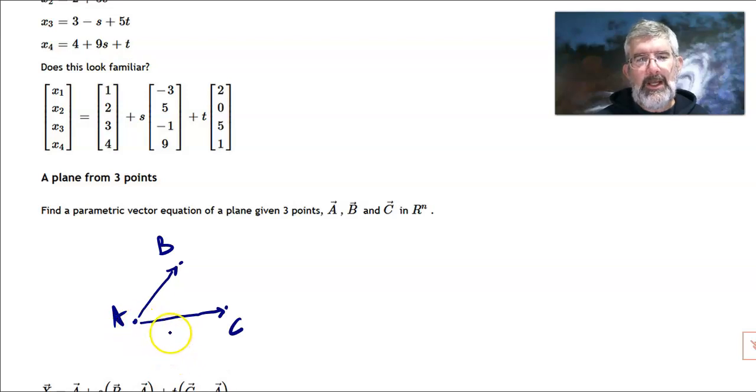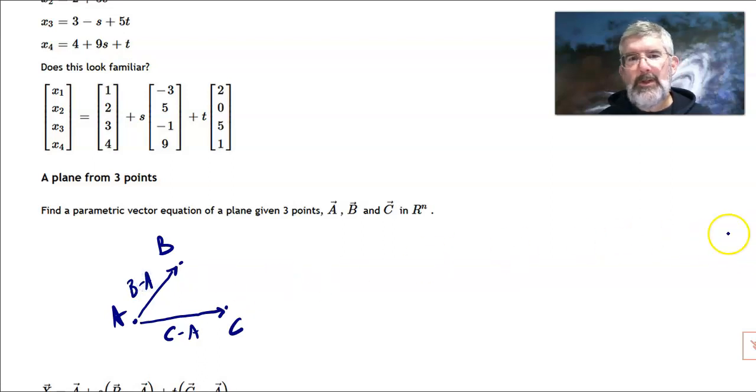And let's take the point A as the point the plane goes through. Yes, the plane goes through all 3 points, and I could use any one of them, but with the way I drew u and v, it's going to look best if I use A as my point. So this vector here is c minus a, and the vector up there is b minus a.